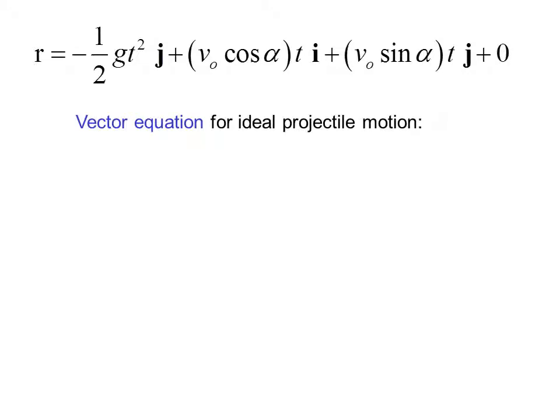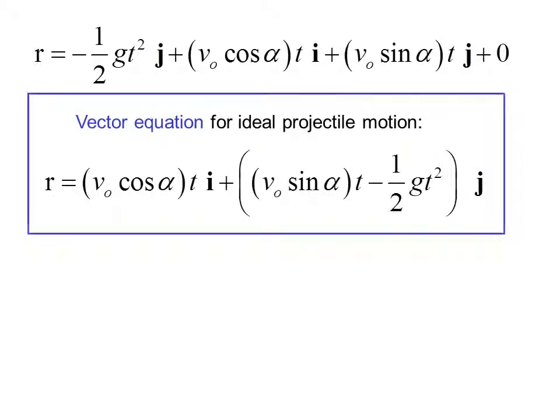The vector equation for ideal projectile motion then is r equals v sub 0 cosine alpha t i plus (v sub 0 sine alpha t minus 1/2 gt squared) j.